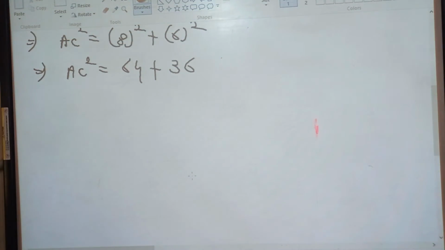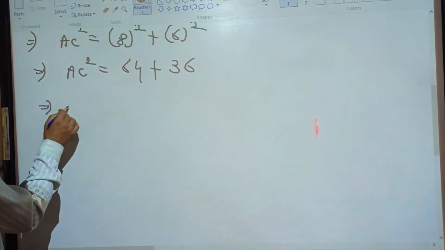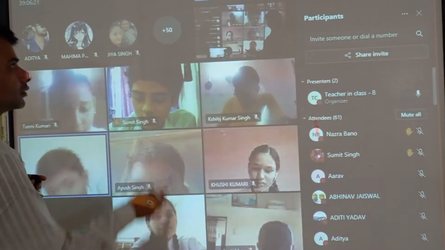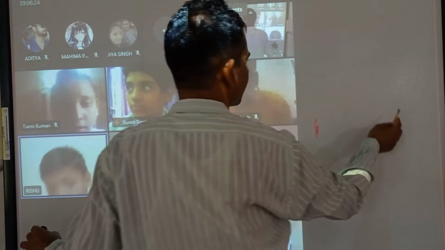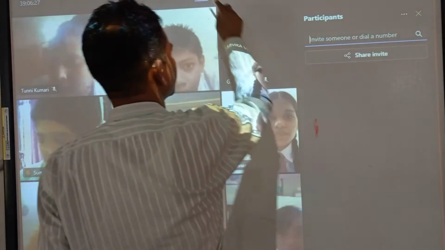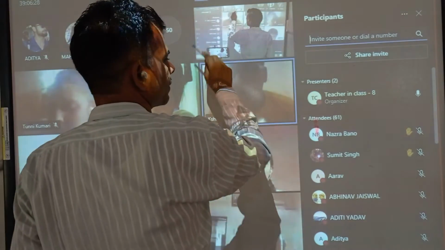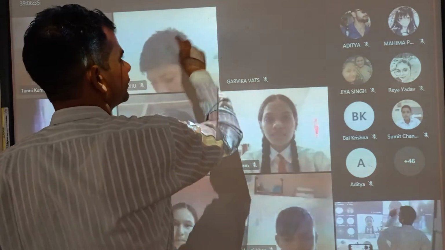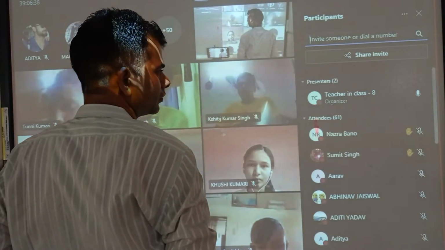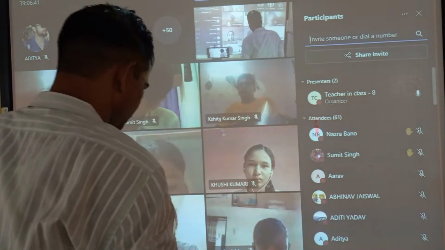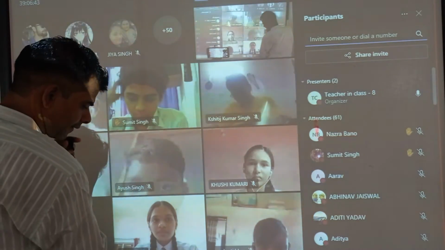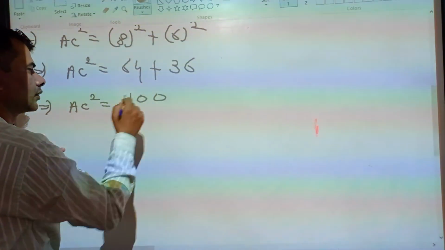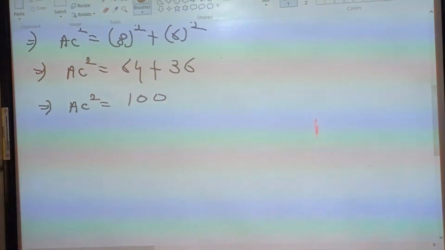Now AC square is 64 plus 36, which is 100. Now taking square root on both sides.